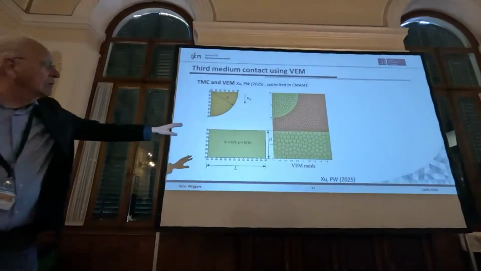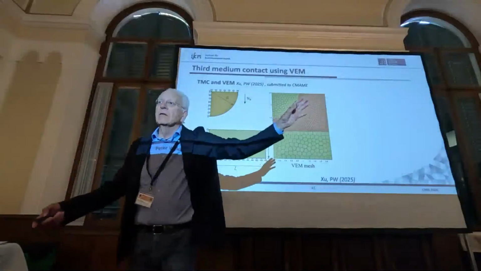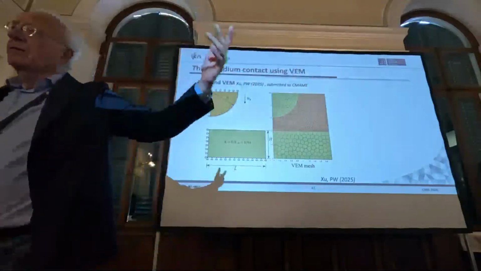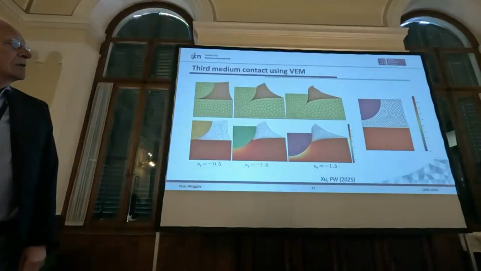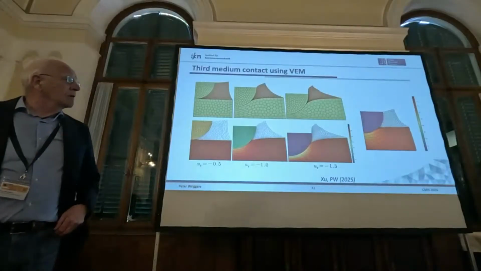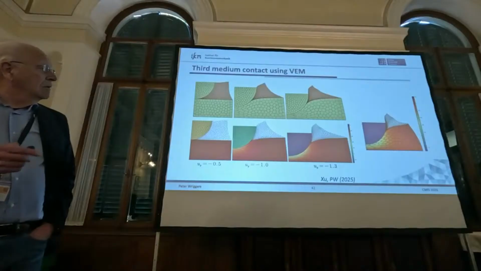Here you can see it is a non-matching mesh, but it is matching in the sense of virtual elements. This is a fine mesh, passes the patch test, and again you can run this kind of thing. It works quite well.